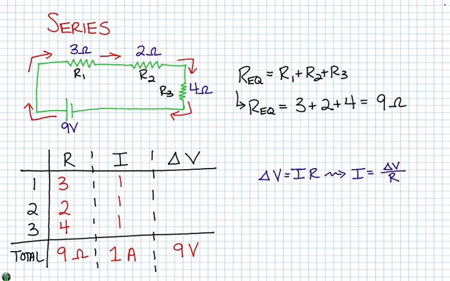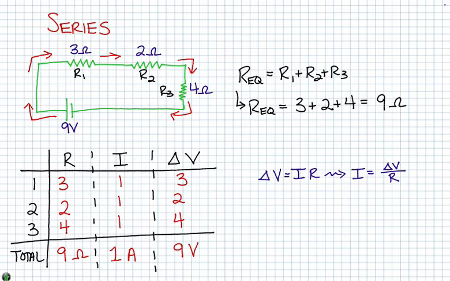I have no branching. So in the series, it's quite simple. The current is going to be constant throughout. Hopefully you're seeing now that since the voltage equals current times resistance, as per Ohm's law, I have the resistance and the current of each. So 3 times 1 will give me 3 volts, 2 times 1 will give me 2 volts, 4 times 1 will give me 4 volts.